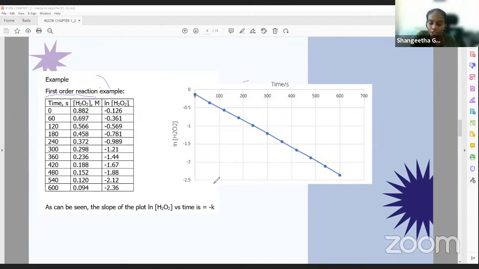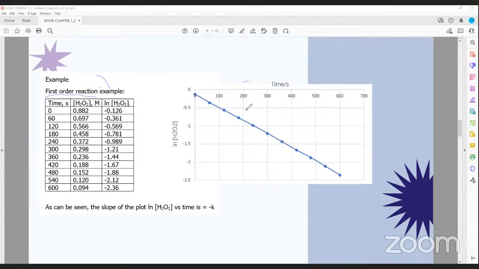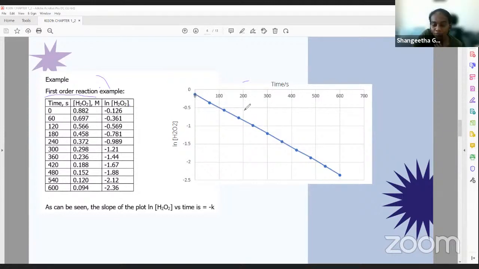Now what I want from you is to find me the slope of this graph. Can you guys quickly do it? I give you 5 minutes to find the slope of this graph.